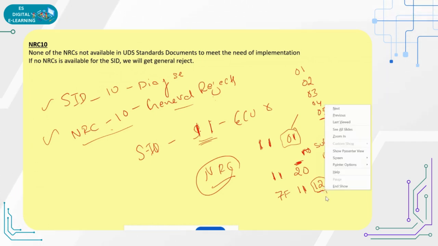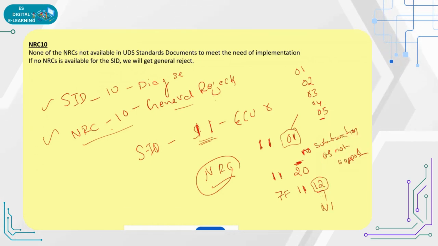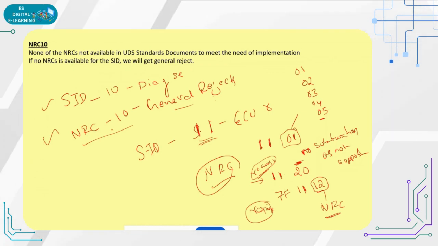That is what we call the NRC code. From this you will come to know that whatever request we sent, we need to make some adjustment and send a corrective request. And from the response we'll come to know what response we are getting. It's clear, request and response.